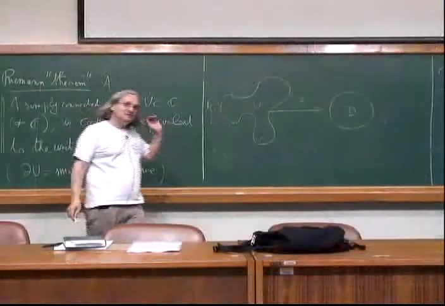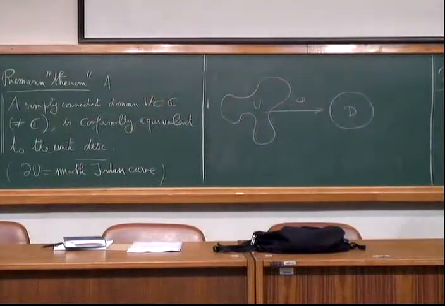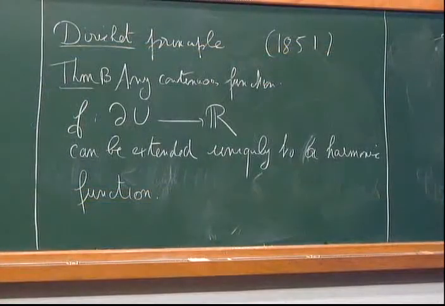This is correct. This is contained in Riemann's thesis. And then I will, or maybe before, I will try to explain what is the proposed solution of theorem B by Riemann, and you will see that this proposed solution is not correct.